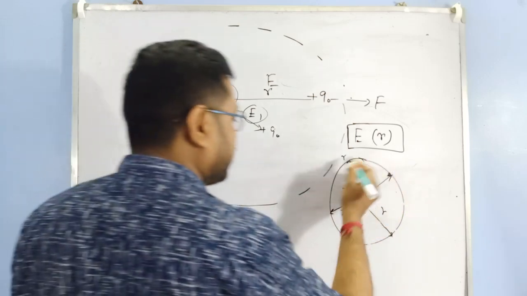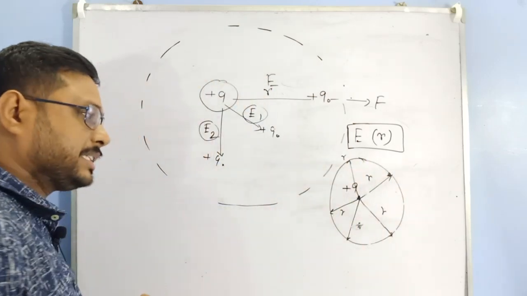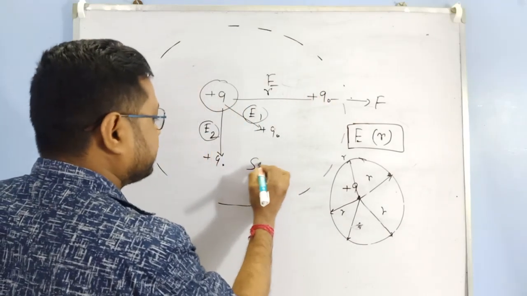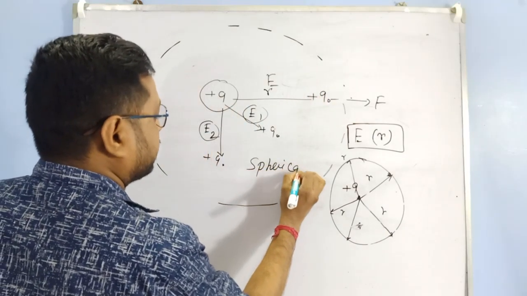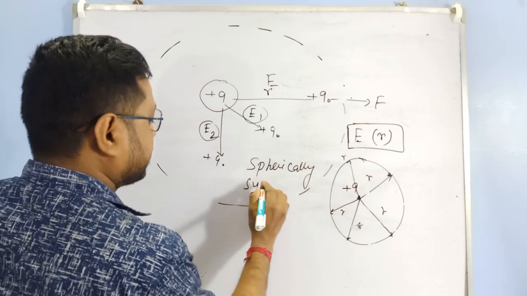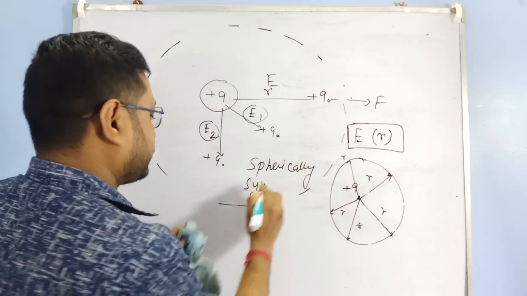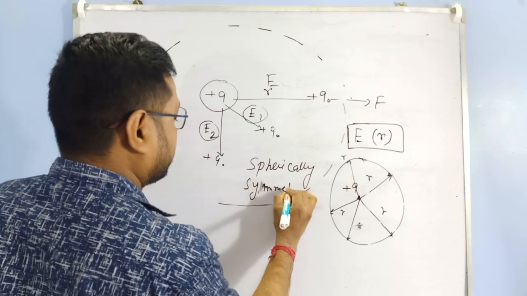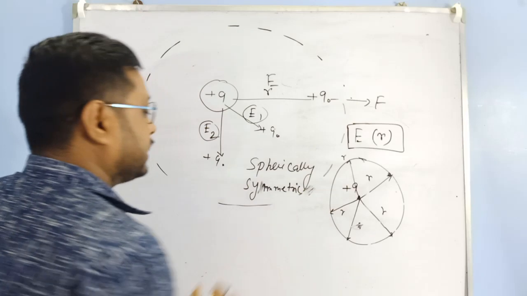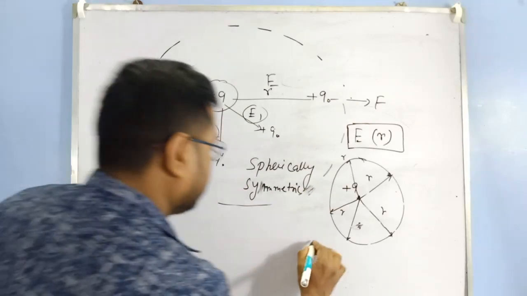It is the same for a sphere. The electric field intensity at each point at the same distance is the same, so it is called spherically symmetric.